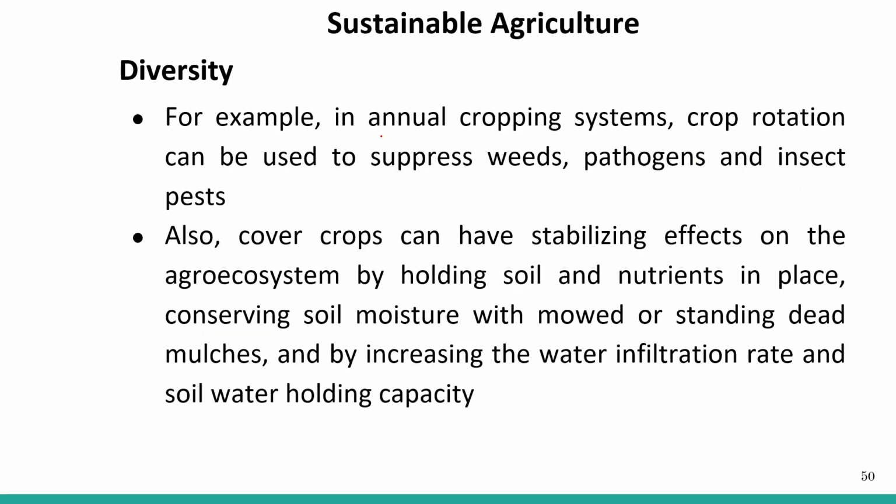For example, in an annual cropping system, crop rotation can be used to suppress weeds, pathogens and insect pests. So we must follow the annual crop system or crop rotation to suppress the weeds, pathogens and insect pests.